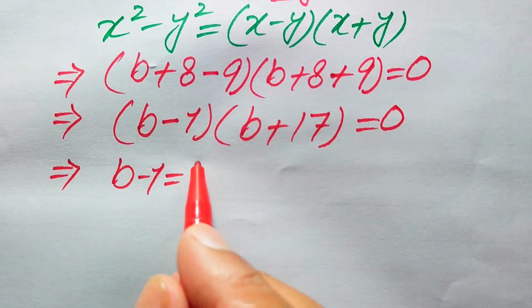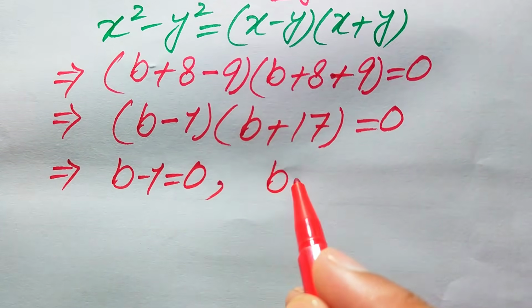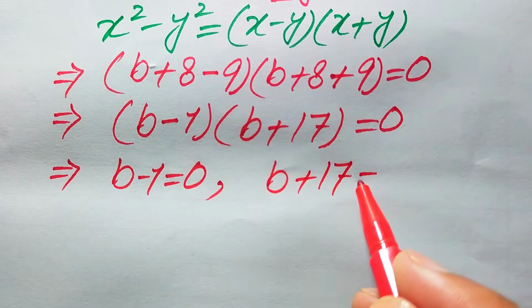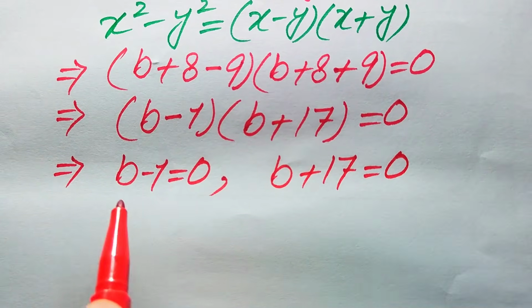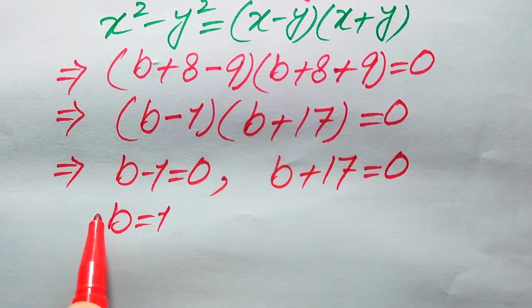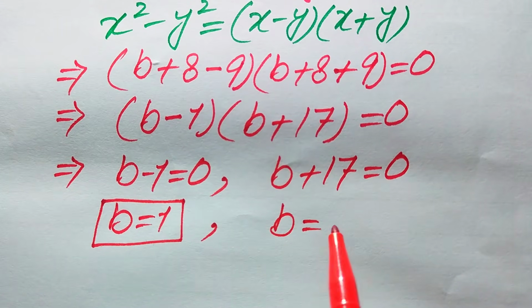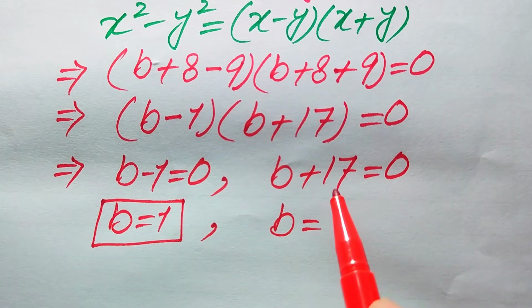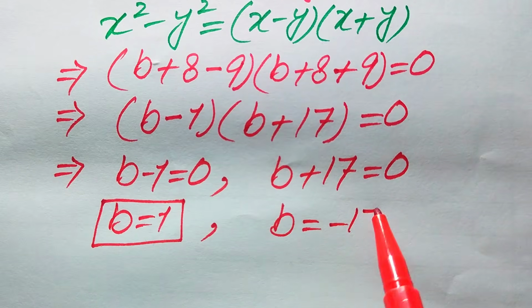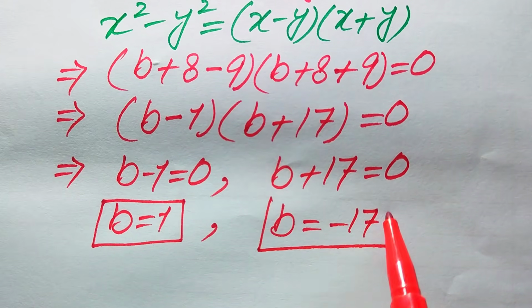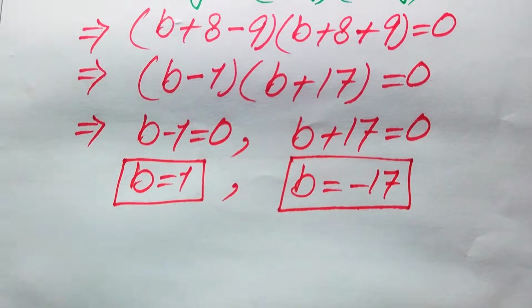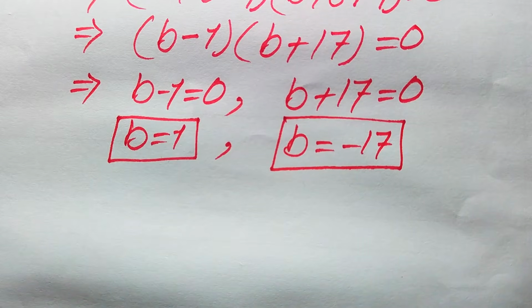The first case is b - 1 = 0. The second case is b + 17 = 0. From here we easily get b = 1, and from here we move 17 to the right hand side and get b = -17. These are the two roots of the given equation which we get from the first method.